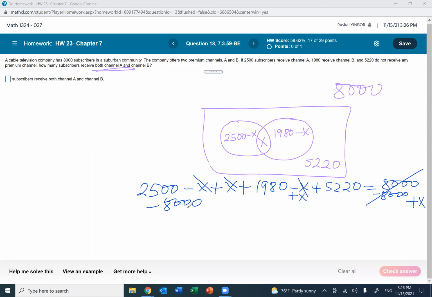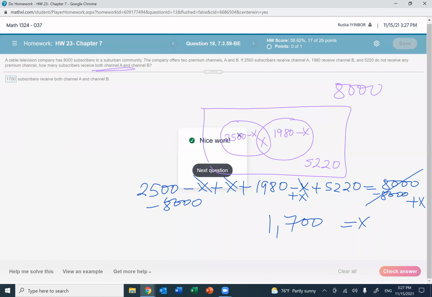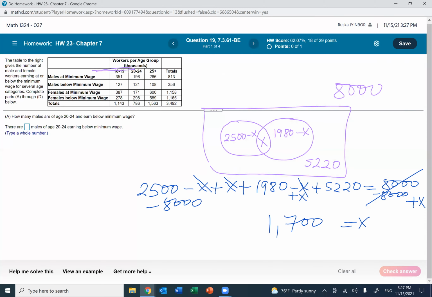And then when you add the numbers, you're going to get X equals 2,500 minus 8,000 plus 1,980 plus 5,020 equals 1,500. That's what I get. Let's see if I pressed the calculator correctly. 1,500. And that's right. Okay, next question.